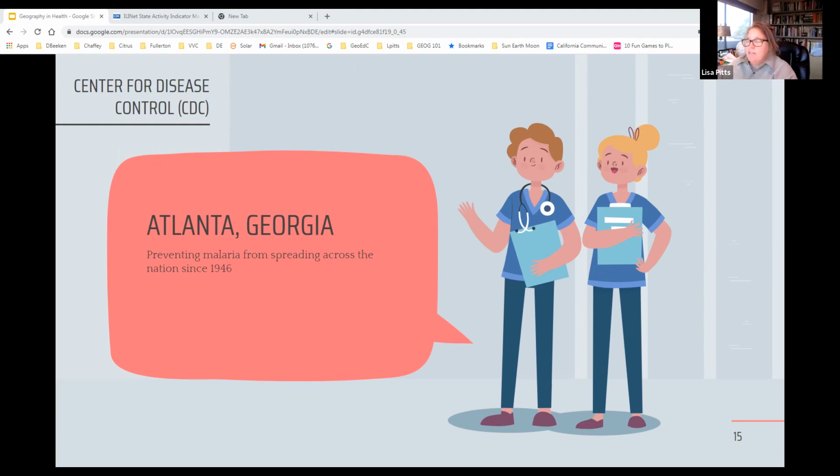It was created in 1946, and it opened its doors in Atlanta, and its primary mission was simple yet very challenging, and that was to prevent malaria from spreading across the nation. They had less than 400 people that worked there, and they took root in the South, which was known to be the heart of the malaria zone in Atlanta, Georgia.